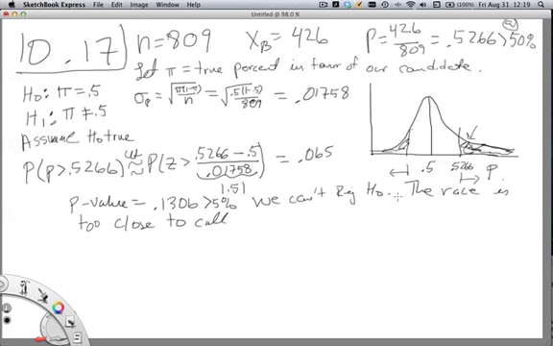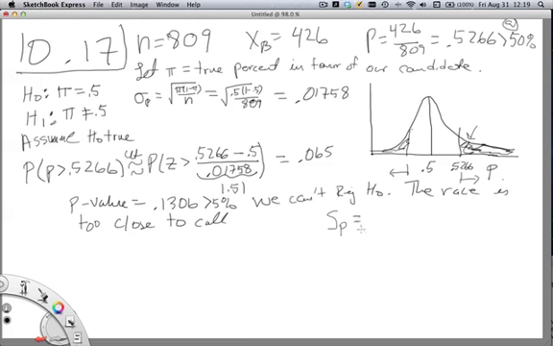Let me now show you another approach. So the other approach is to use confidence intervals. Let's find the confidence interval. Now with a confidence interval, we don't assume the null hypothesis is true. Instead, what we do is we go out 2 standard errors. What's the standard error? So the standard error is S sub p.